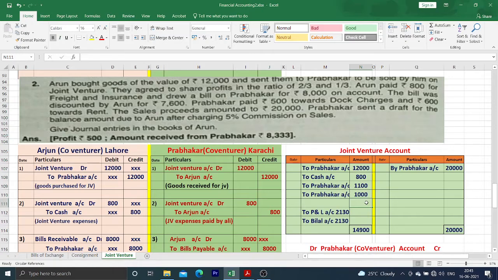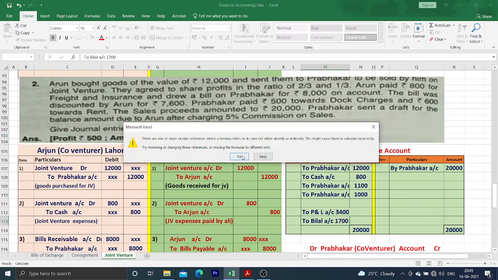Goods purchased is 12,000. Okay, right. Then the amount is 5,100. 2/3 and 1/3, that is 3,400 and 1,700.